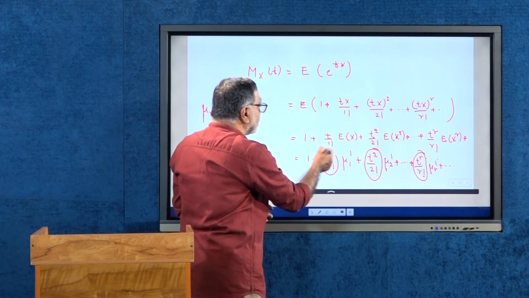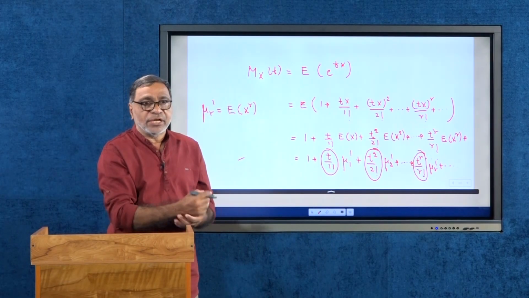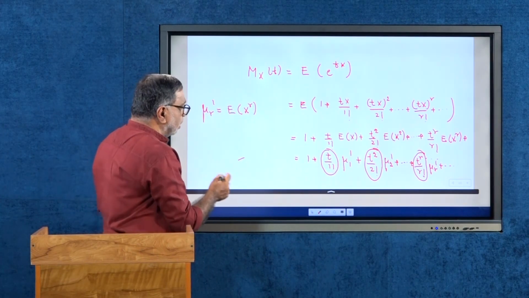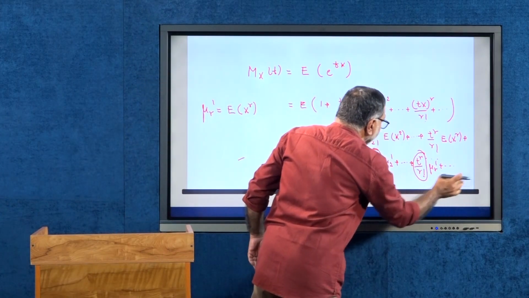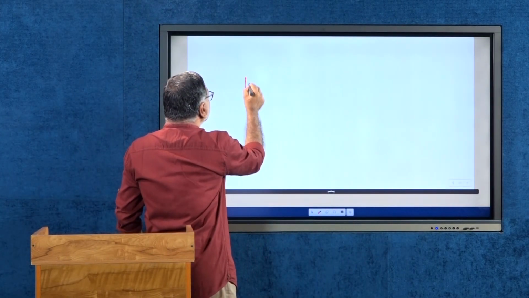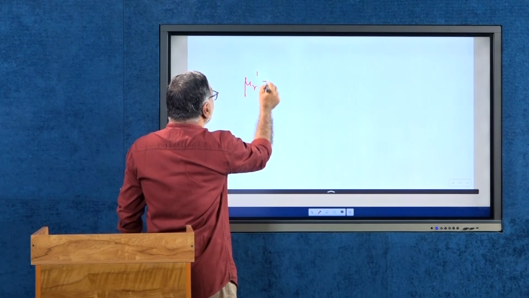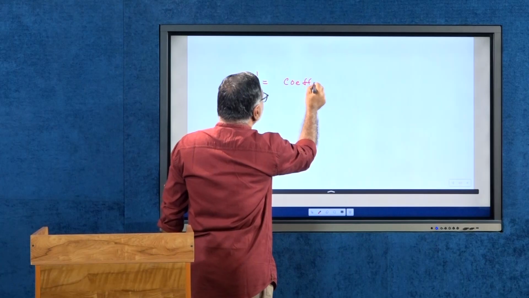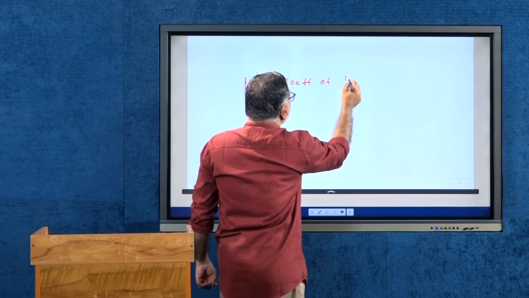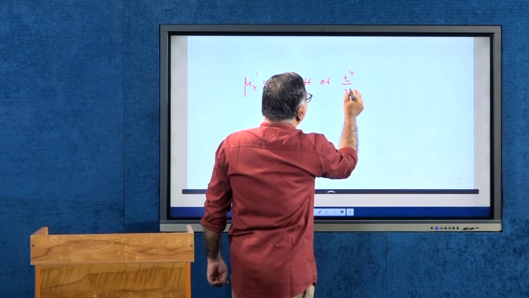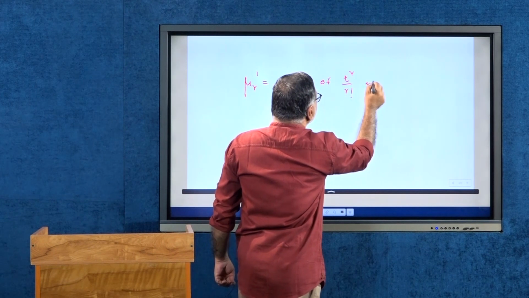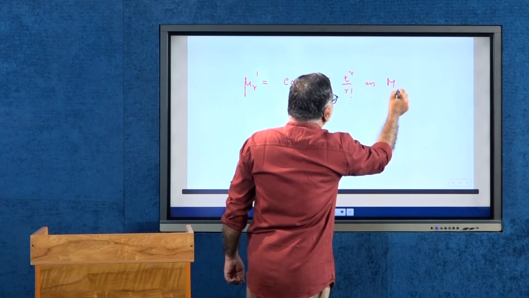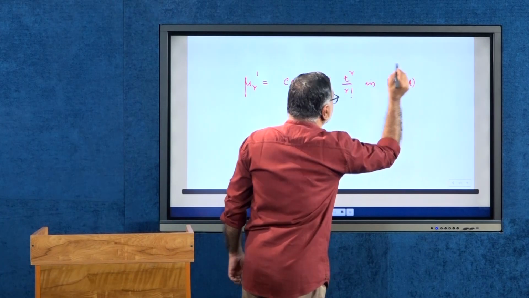Coefficient of mu 1 dash is t divided by 1 factorial, etc. So, generally we can write mu r dash, that is the rth arbitrary moment, is nothing but the coefficient of t power r divided by r factorial in the expansion of the moment generating function as a power series of t.